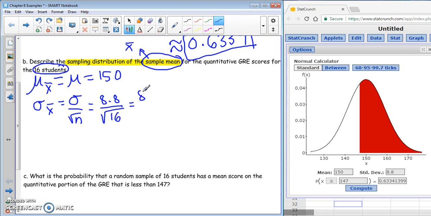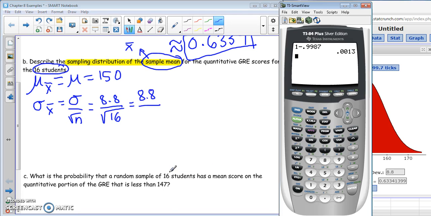So this is 8.8 divided by, and just to remind you how to use square roots in the calculator, you're going to hit second, and then you'll see that x squared has blue above it with a little square root sign, so I hit second to activate that, and then hit my x squared button, and then type in 16, close the parentheses, since I just want to take the square root of 16, and enter, and I get 4.